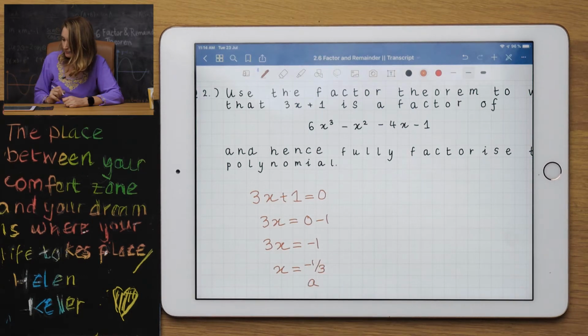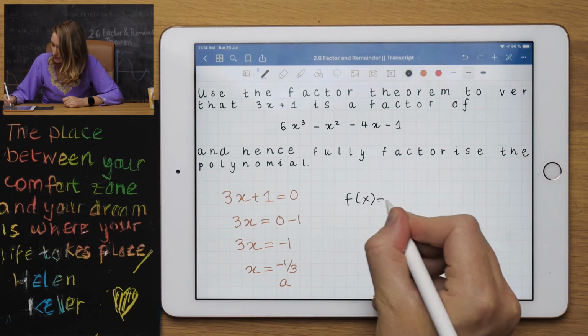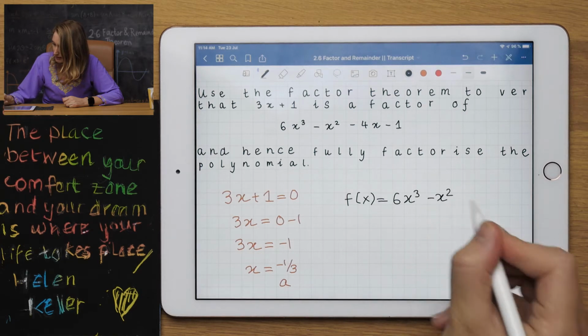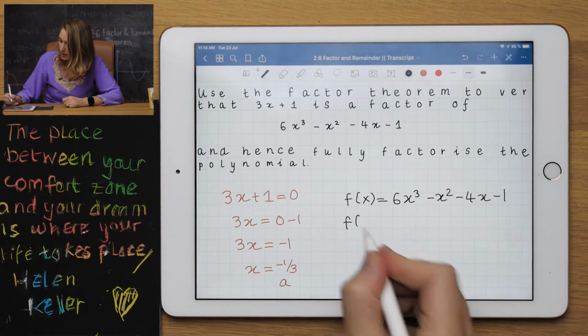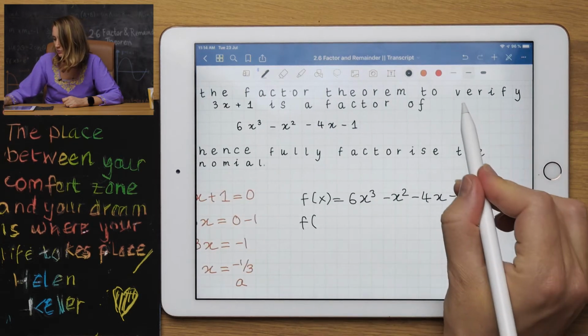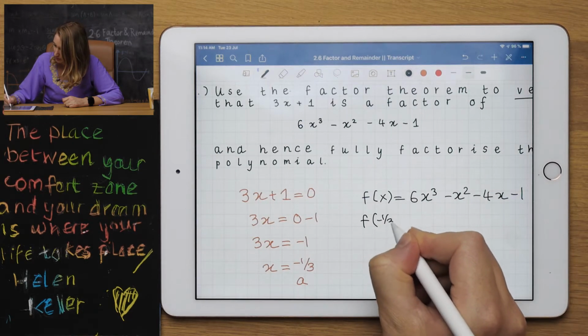That's our a. Okay? So we have to see now if, when we substitute that into f of x, 6x cubed minus x squared minus 4x minus 1, if that will equal 0. It should do, because we've been asked to verify. I'm going to put in minus a third here.